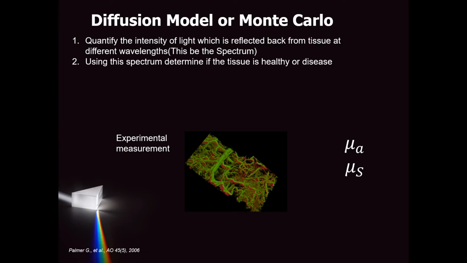Now you are getting measurements from a very complex medium that you have no knowledge about. What are we gonna do with those measurements? After getting some data, we need to analyze these measurements using a specific theoretical model like diffusion or Monte Carlo model.